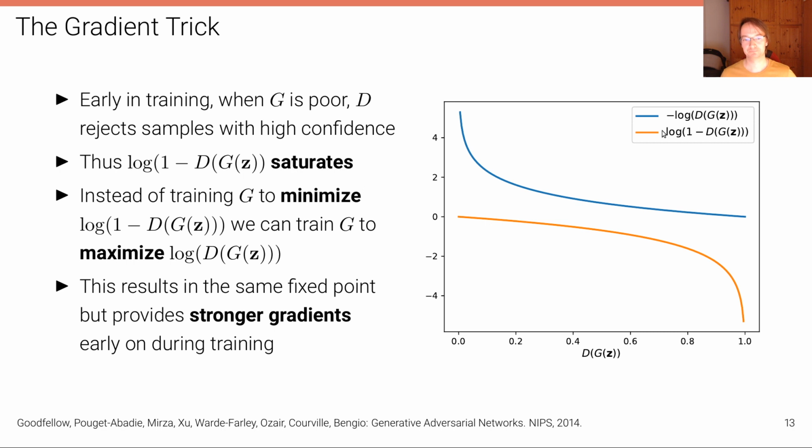Here we have minus logarithm of D of G of c, because we're now maximizing. Comparing these two curves, in particular in the beginning of GAN training, where the discriminator is overconfident in rejecting samples, we have much stronger gradients. Later on during training, we have weaker gradients. This is called the gradient trick, and it's typically done when training GANs.